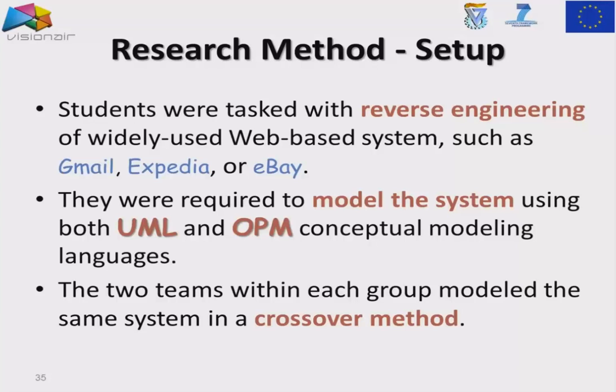So in one group that modeled Expedia, we had the UML team and we had the OPM team. In the middle of the semester, the OPM team continued to model the UML model, and the UML team continued to model the OPM model. So they cross over their model. Each student had to use UML and OPM to practice them both.